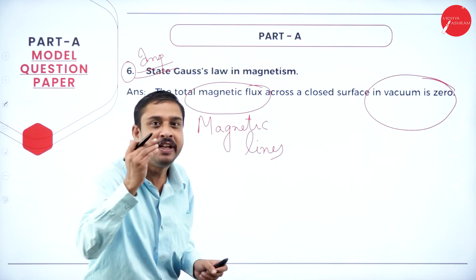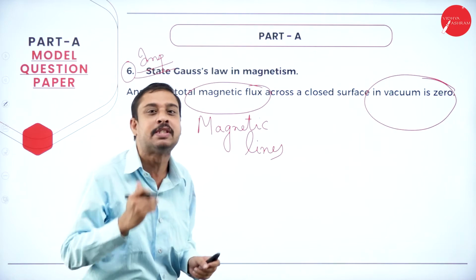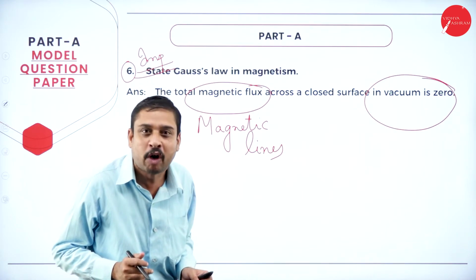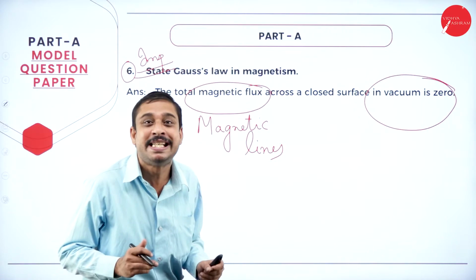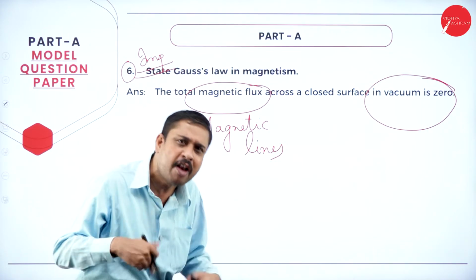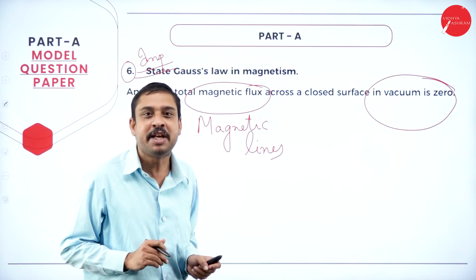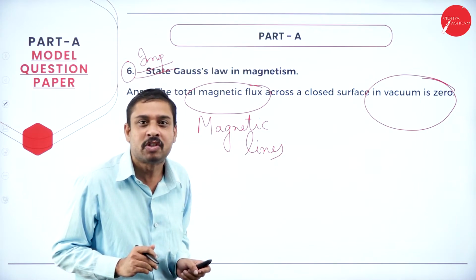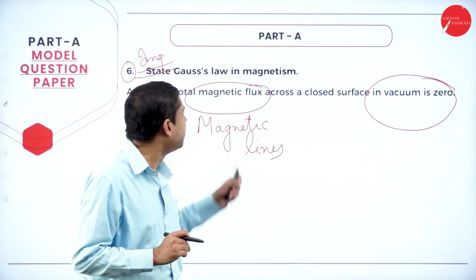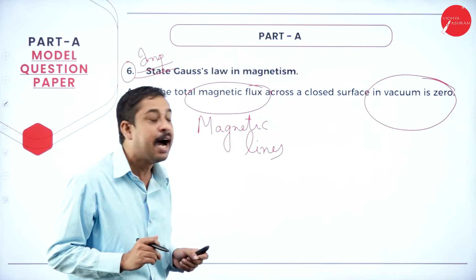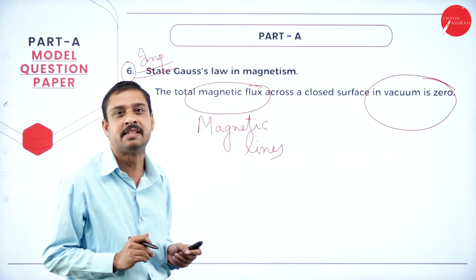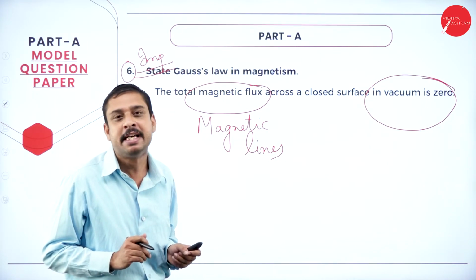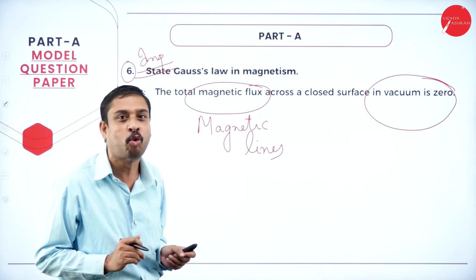The magnetic field lines passing through a closed surface are zero in net, because all the lines which enter the surface will come out. Unlike Gauss law of electrostatics, here the magnetic flux across a closed surface in vacuum is always zero.